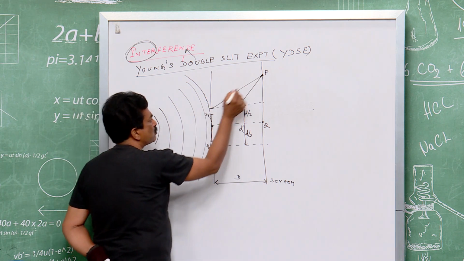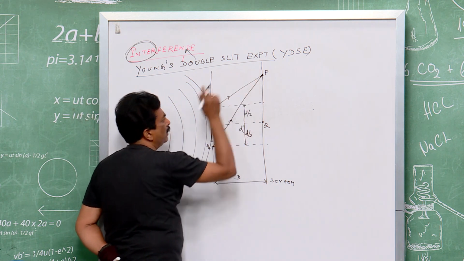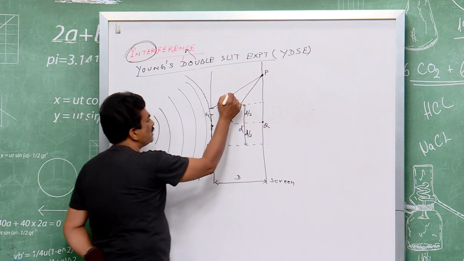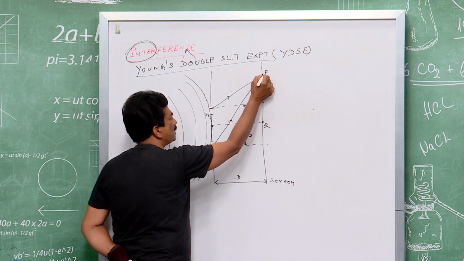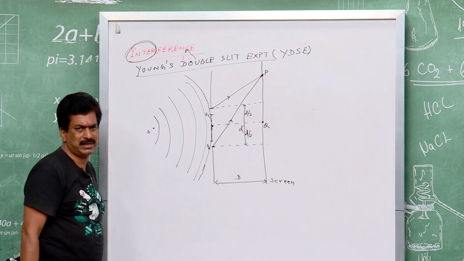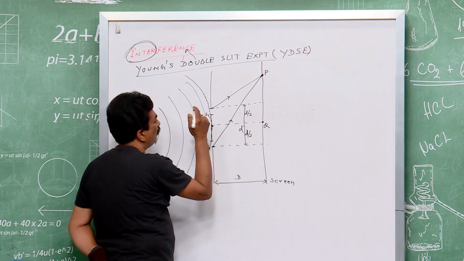So what will be the interference at that point P, we are going to discuss. Now you see S1P and S2P, they are not covering the same path. There is a change in the path, meaning the S1P distance and S2P distance are not the same, as you are looking on the whiteboard.